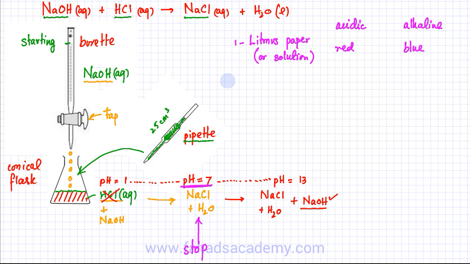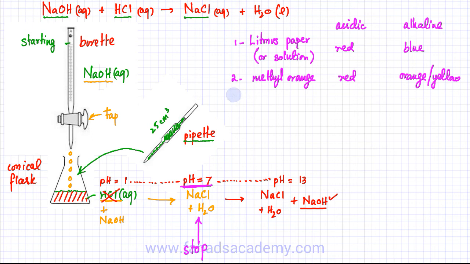The second indicator that we can use is called Methylorange. It's red in acidic, and it's orange yellow, so it's also a solution. So it's going to turn orange yellow in alkaline conditions.